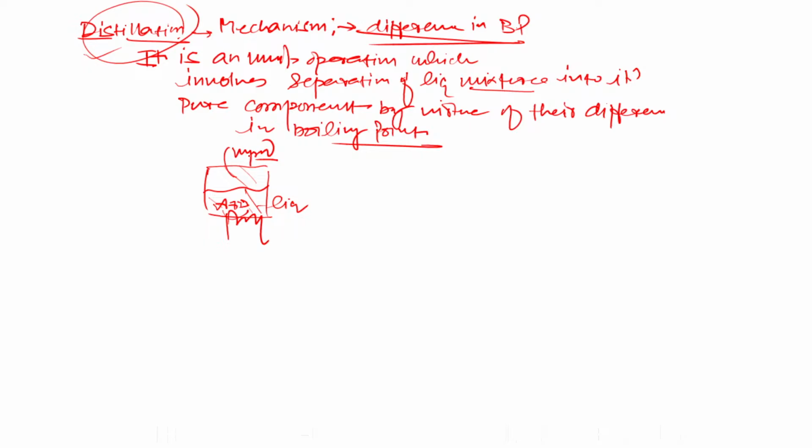The first vapor formed on heating will be rich in the lighter component, while the liquid left in the still or in the flask will be rich in the heavier component. This is how we can separate on the basis of their boiling points.